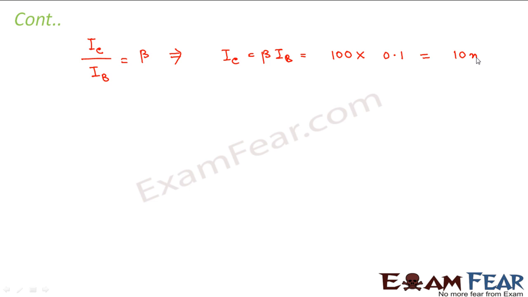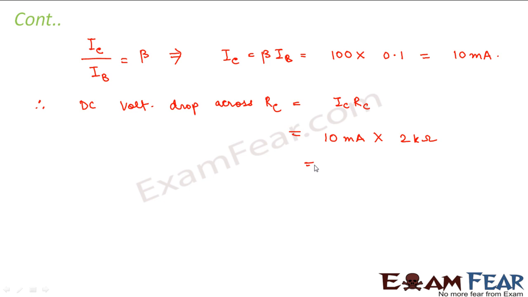So we get IC as 10 milliamperes. Therefore, the DC voltage drop across RC will be equal to IC RC. Now IC is 10 milliamperes and RC is 2 kilo ohms. So this comes out to be 20 volts.